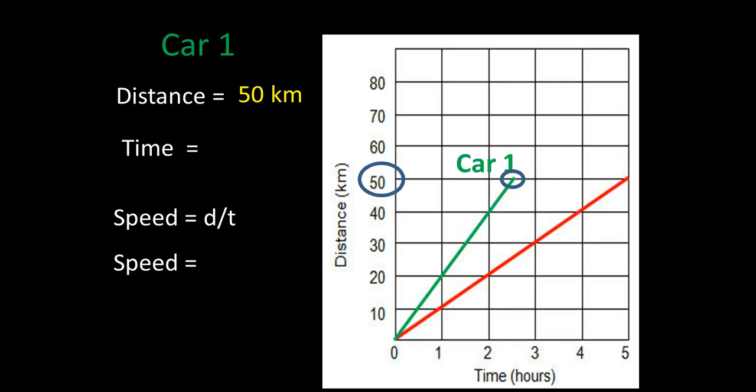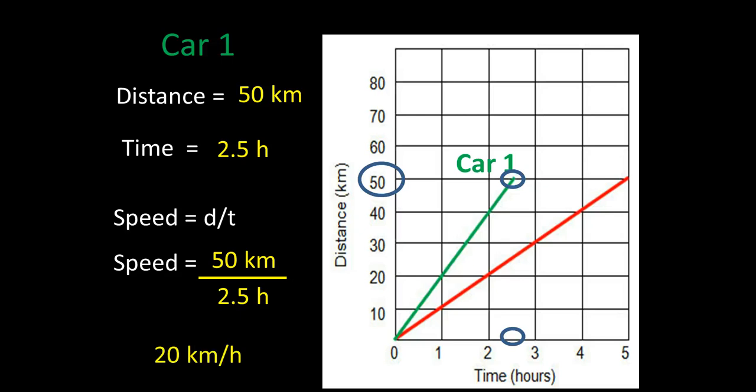And then moving straight down to the x-axis from that end point, you can see that the time it took was about 2.5 hours. And so plugging that into the formula, we have 50 kilometers over 2.5 hours, and so our speed becomes a very slow 20 kilometers per hour.